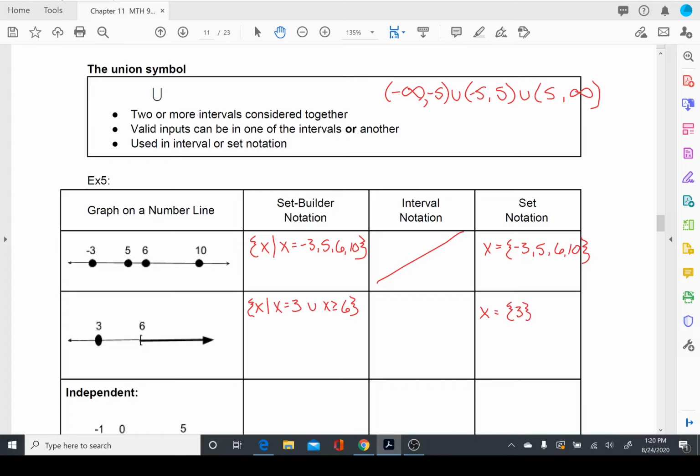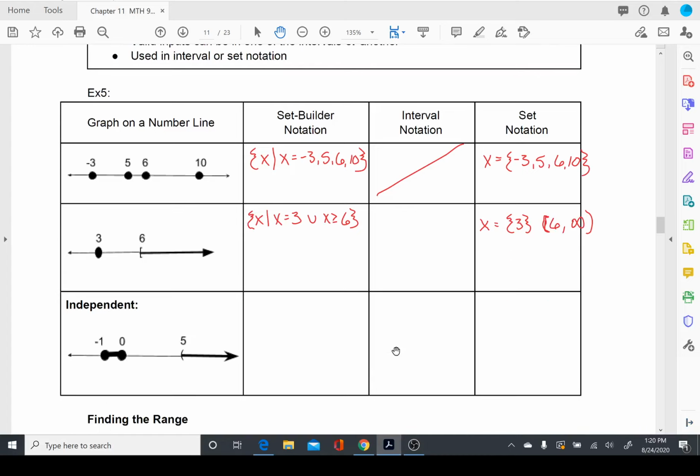And then we will describe the interval from negative 6 to infinity. For this last one, we've got 2 intervals. And so we'll have from negative 1 to 0 and from 5 to infinity, not including 5.